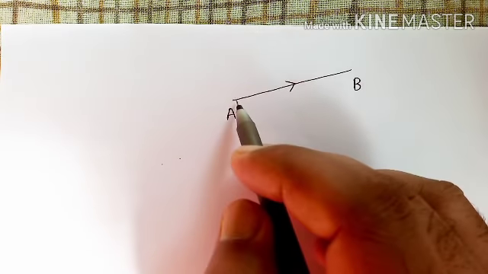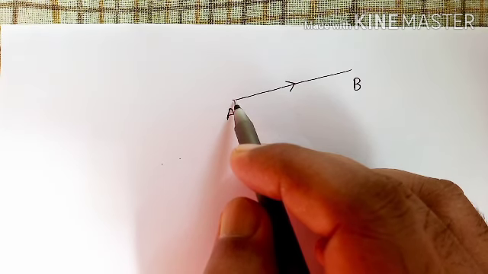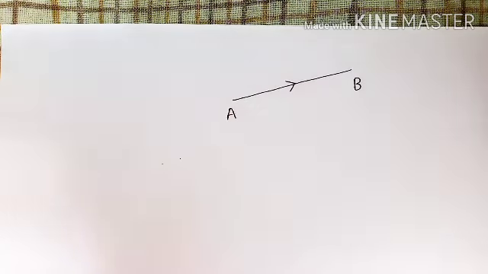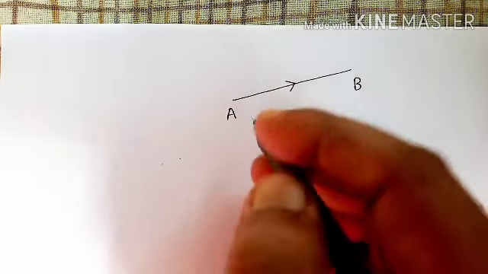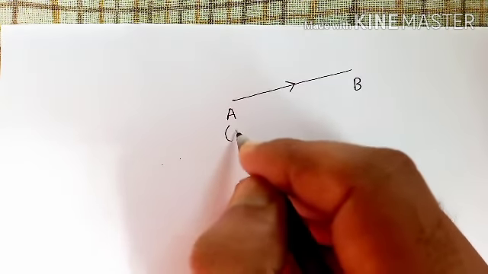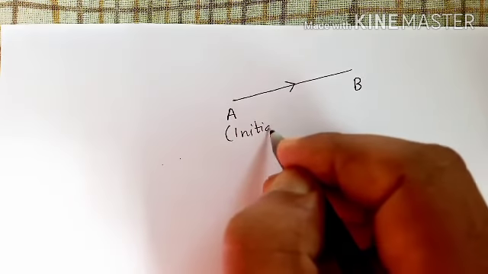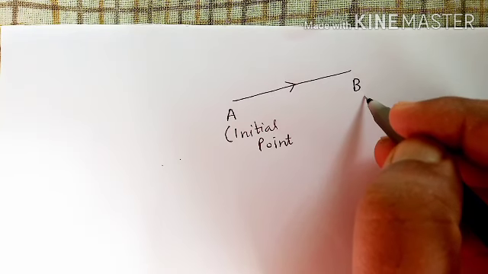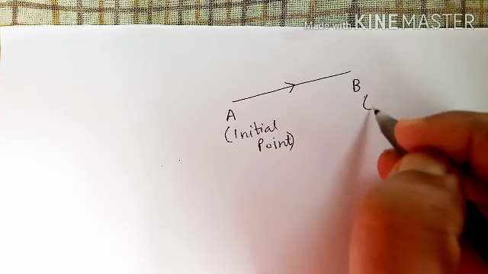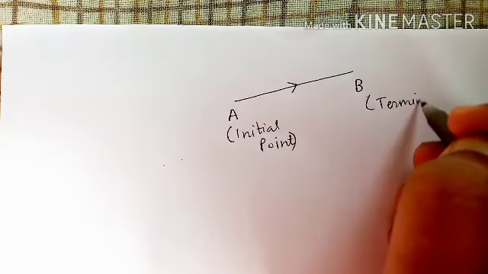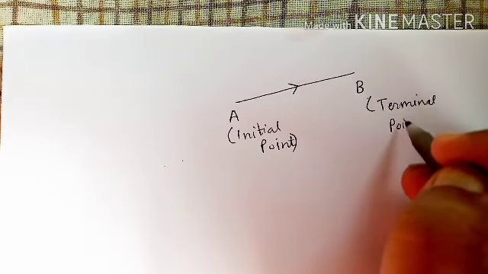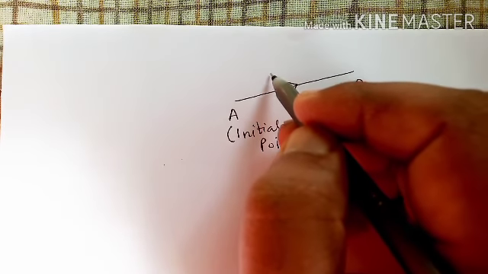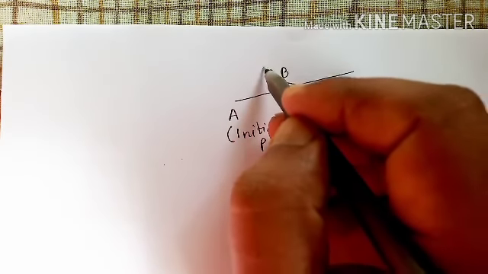The direction is from A to B. A is called initial point and B is called terminal point. This is denoted by vector AB.